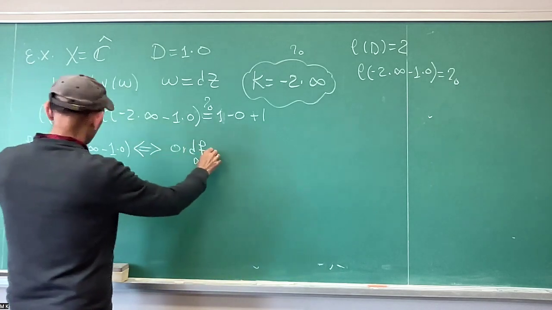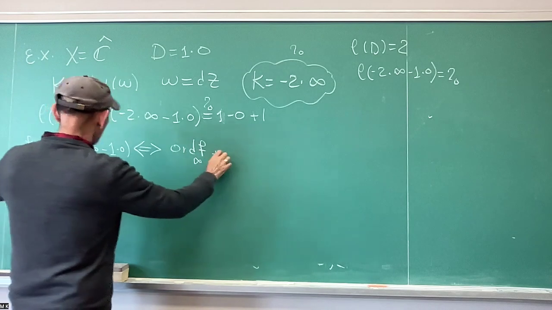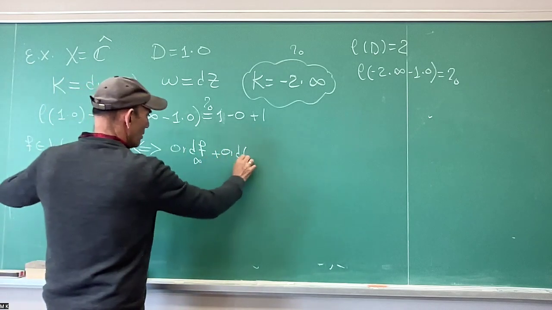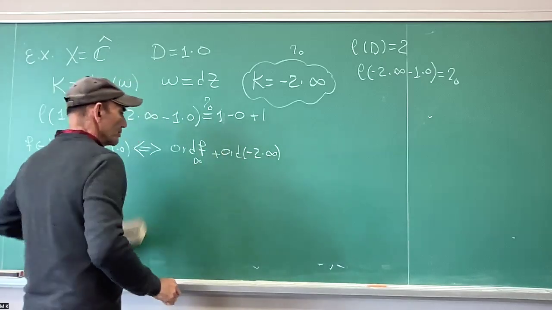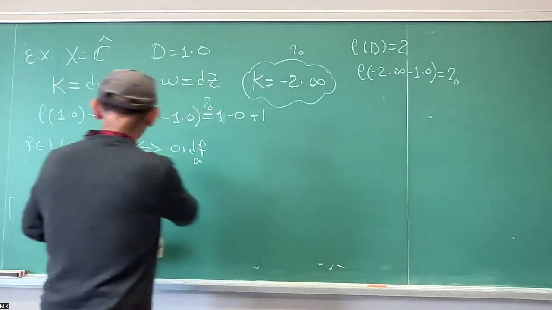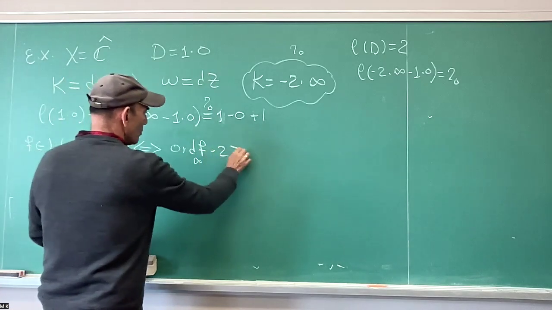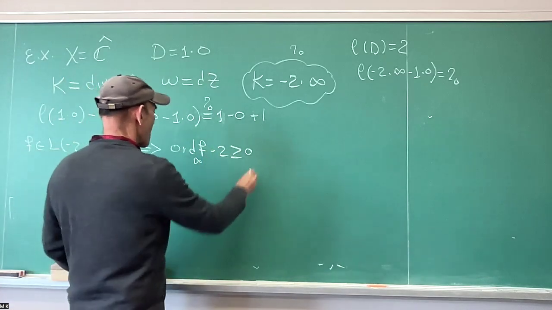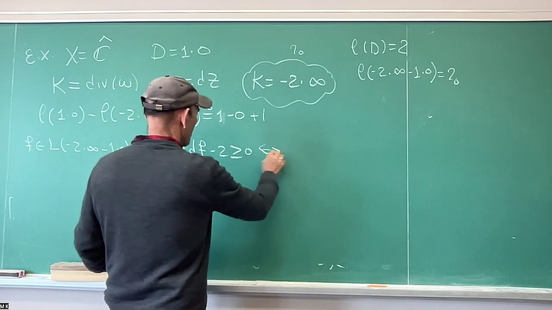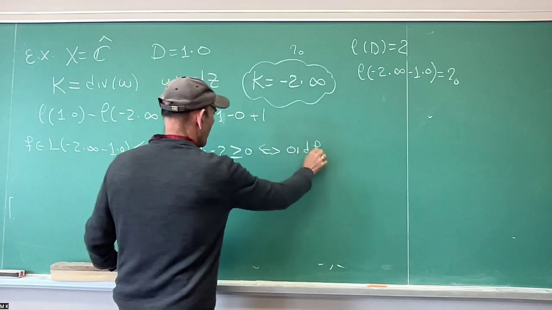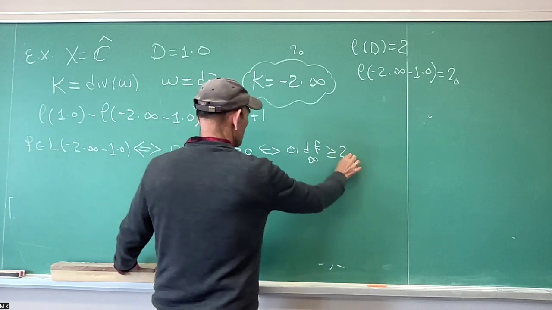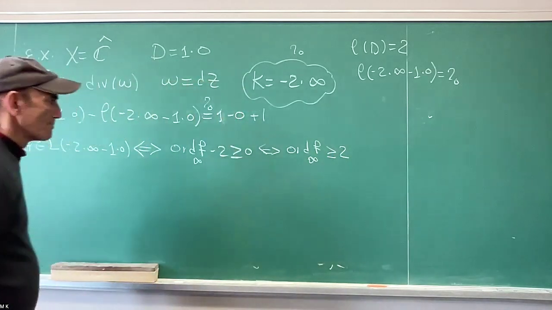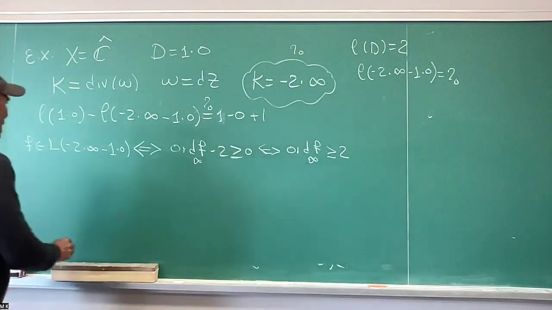Okay, so -2 must be bigger than or equal to 0, if and only if the order of F at infinity is bigger than or equal to 2. I guess this is correct.